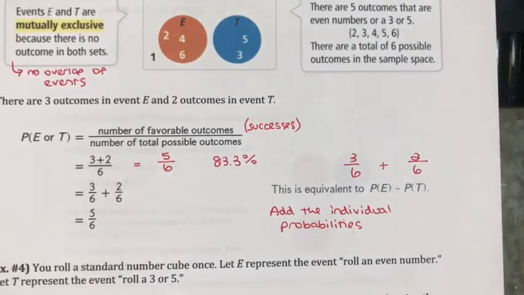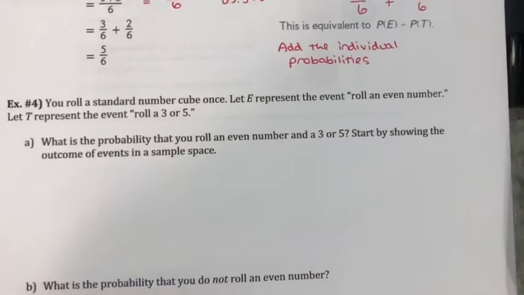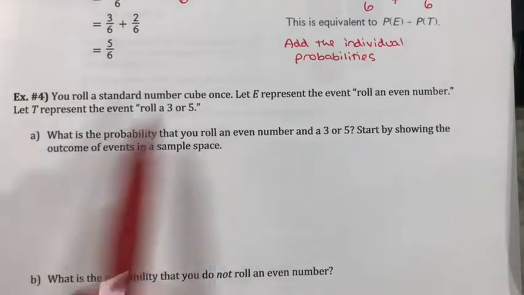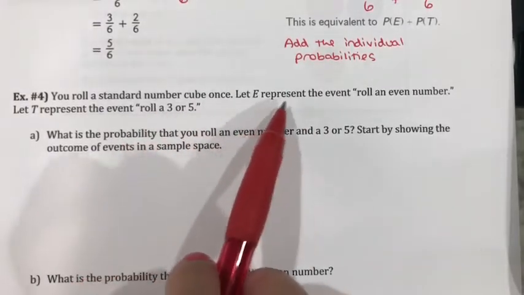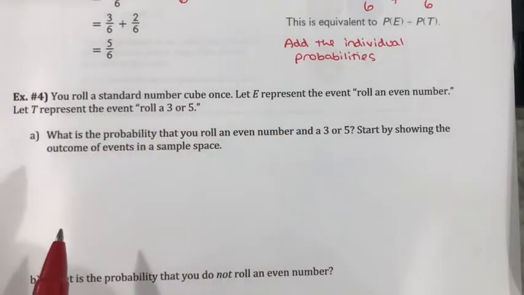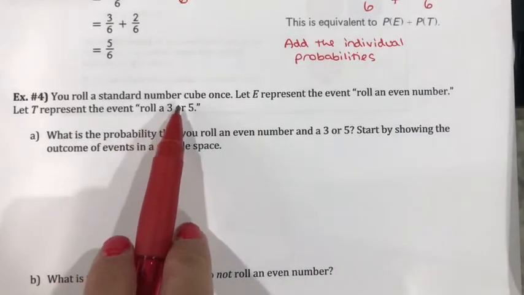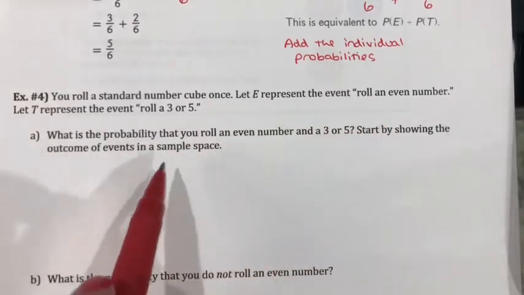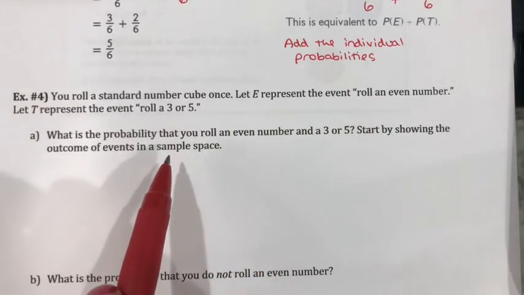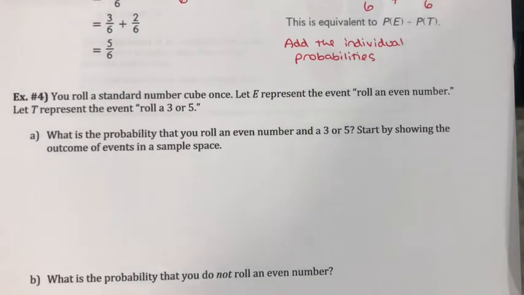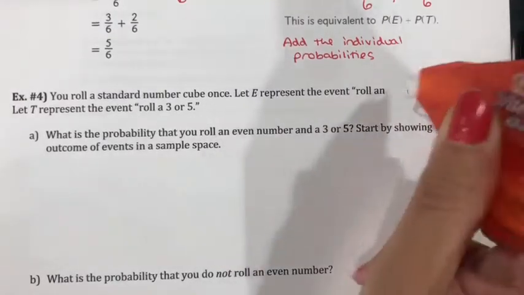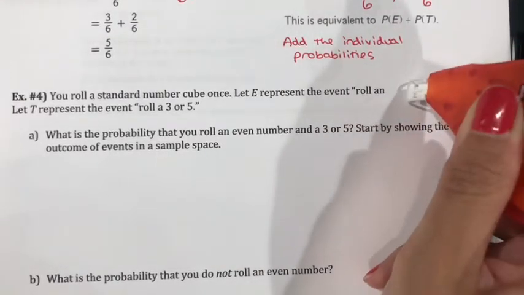Okay, so let's do another one together before you try on your own. Okay, so same premise up here. So let E represent, oh, did I change this? This actually should have said an odd number. That was a mistake. I'll have this fixed on your notes packet before you guys even take these and watch the video.